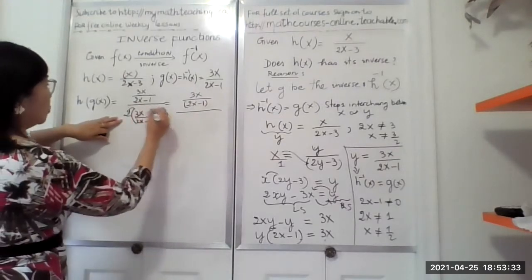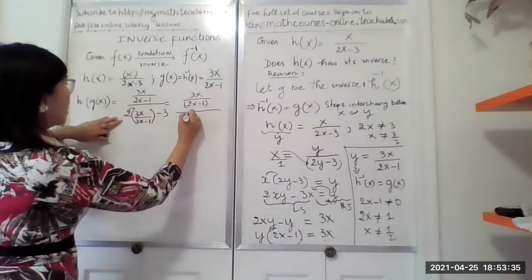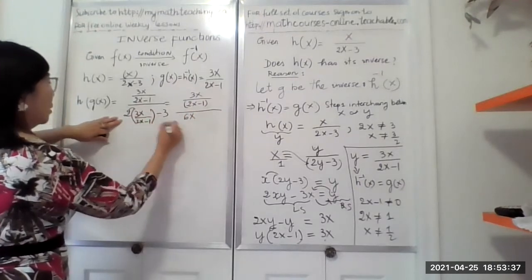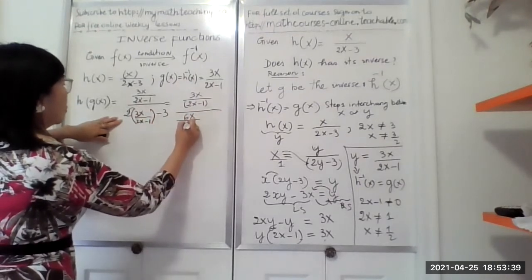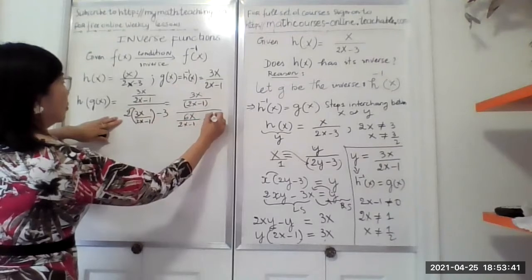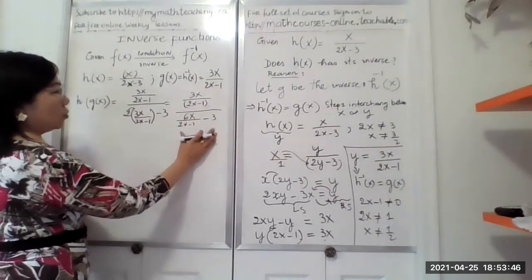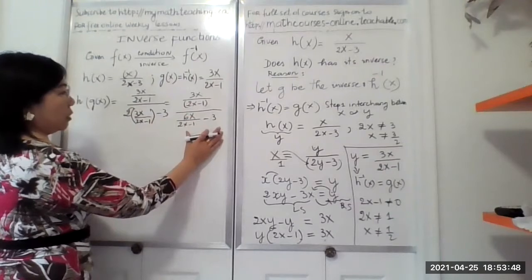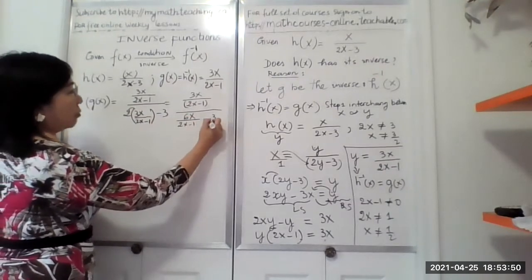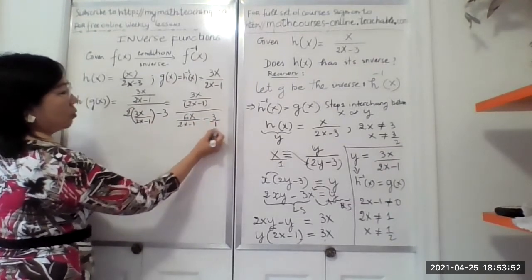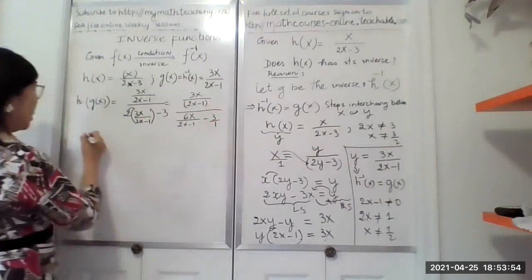So 2x times 3x is 6x over 2x minus 1, minus 3. Now, at this point, I'm going to do a common denominator down here, right? So here, I'm going to put 1 underneath. I'm going to work on the common denominator here.